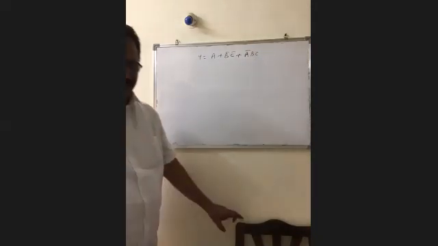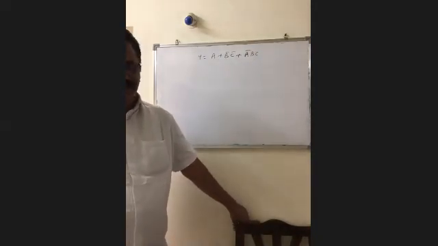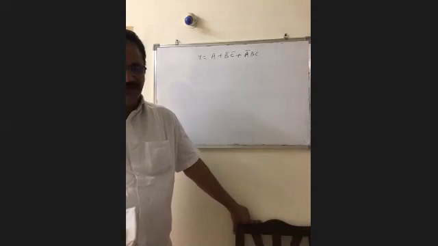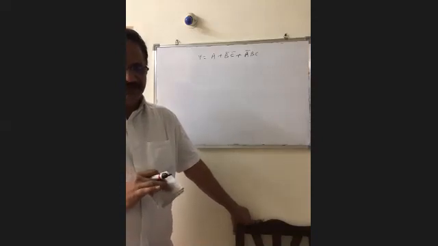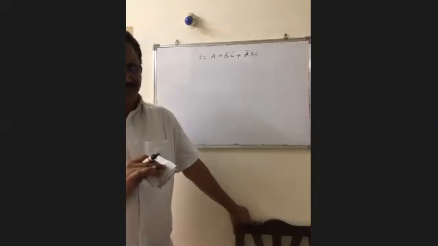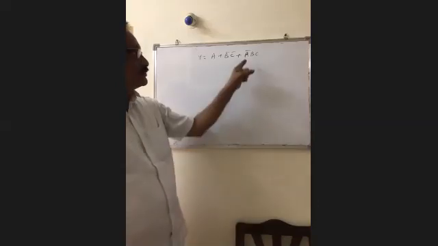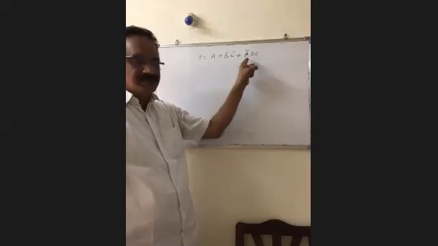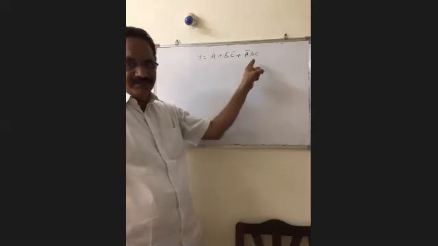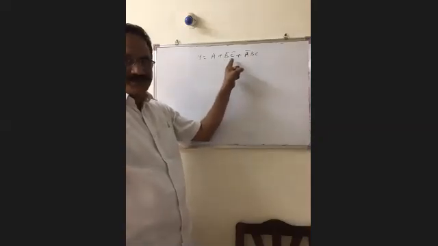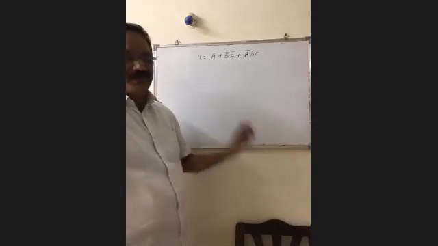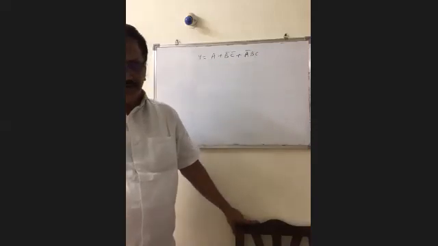What is the given expression? The given expression is in SOP form, sum of products form. In that one, there are 3 product terms. In this product term, there are 3 variables. In this one, only 2 variables. In this one, only 1 variable.